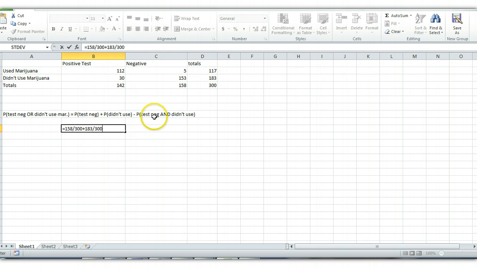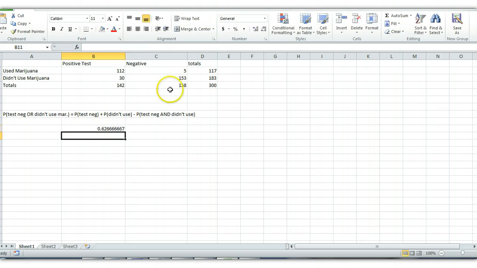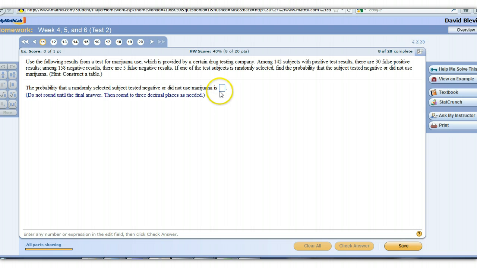Minus the probability I tested negative and I didn't use. So minus I tested negative and I didn't use. That's these 153 out of the 300. So there's our probability, 0.62666, or to three places, 0.627.